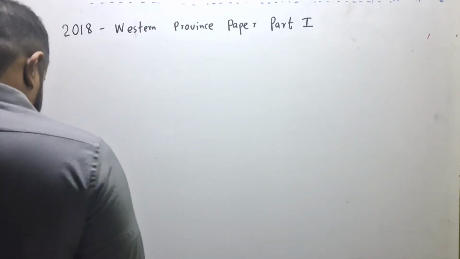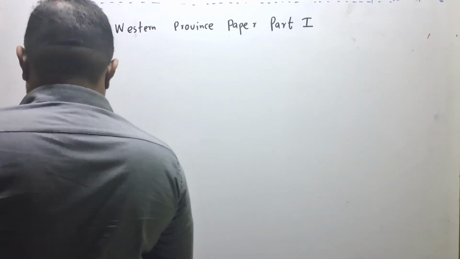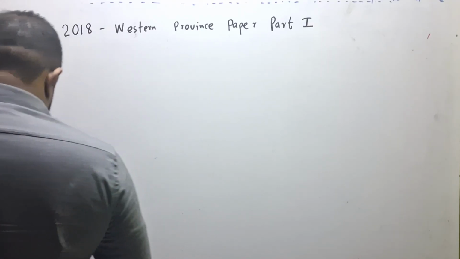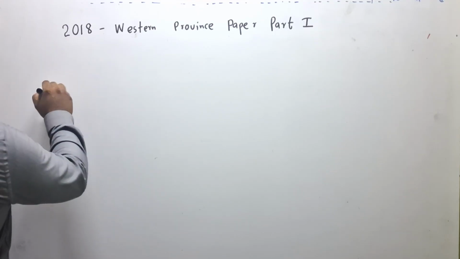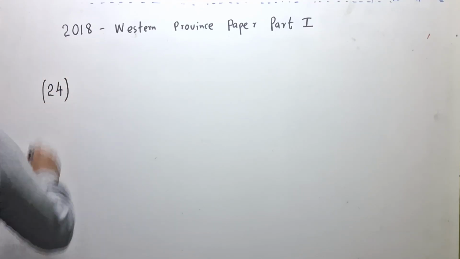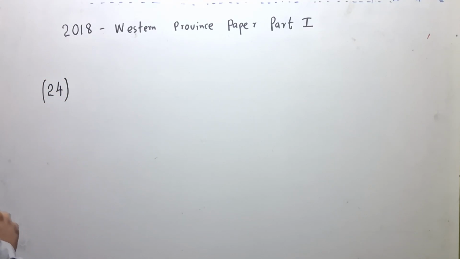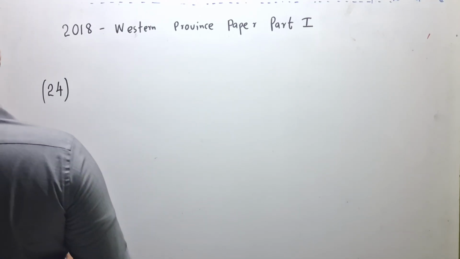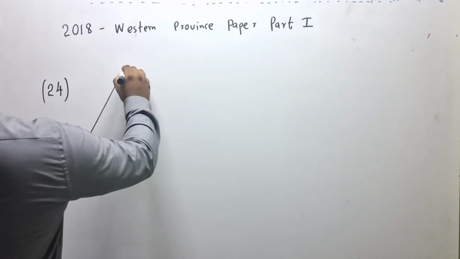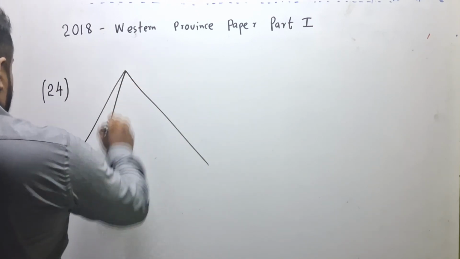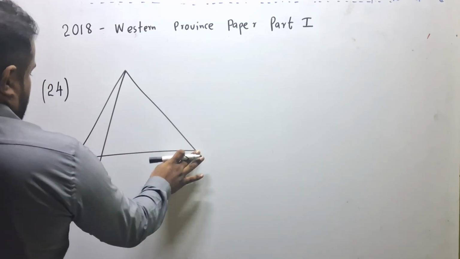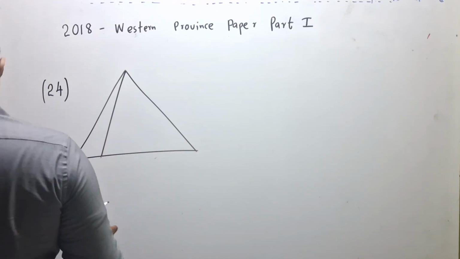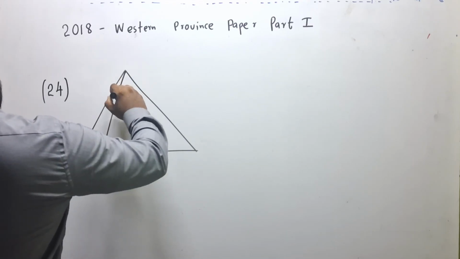Question number 24. In the given figure, AC equals AD equals 8 centimeters. Find the value of X. This angle is given as 25 degrees.